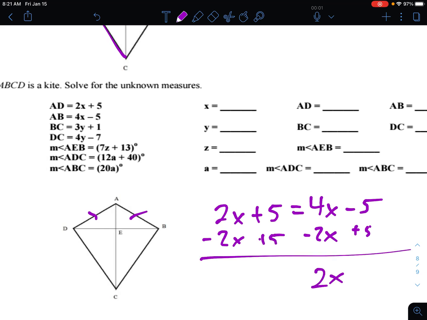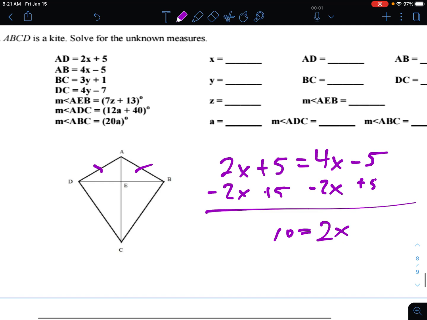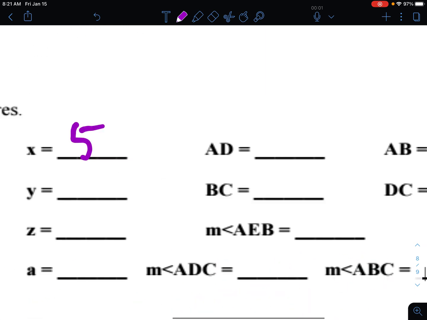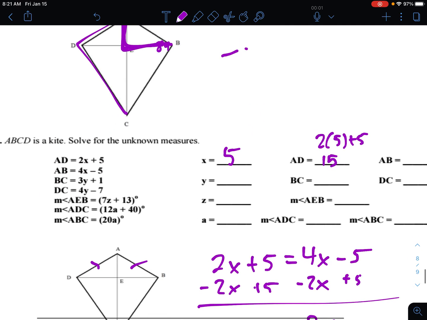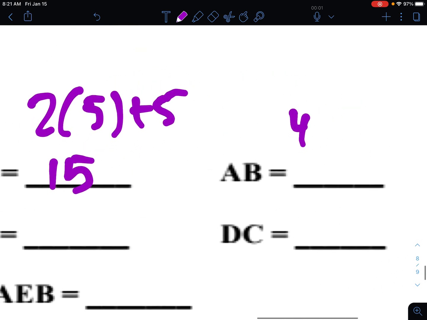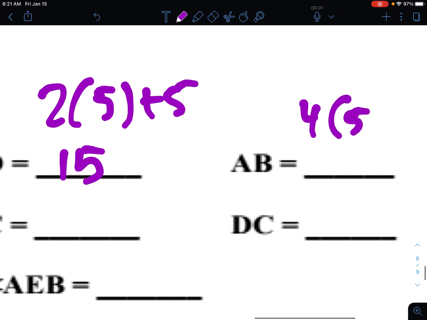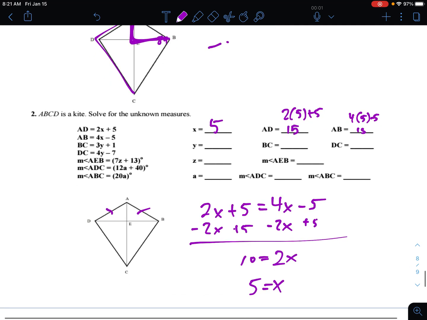We get 2x is equal to 10, x is equal to 5. And that's going to make AD 2 times 5 plus 5, which is 15. And then this was 4 times 5 minus 5, which is 15. Those are the same.